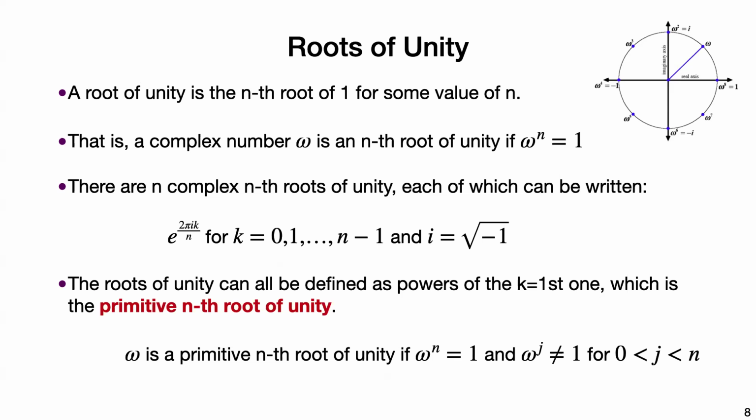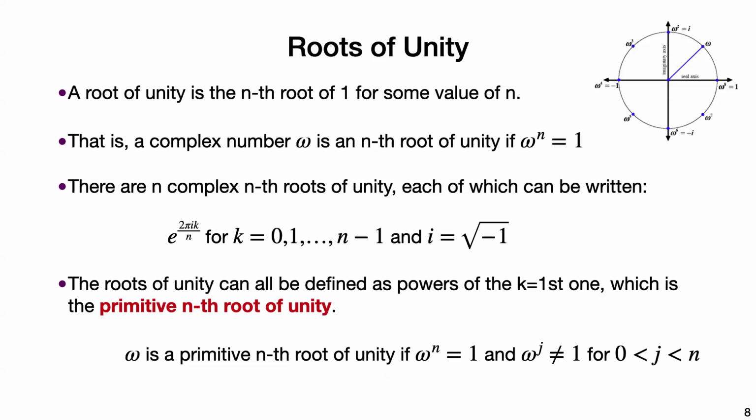The easiest way to visualize it is through the unit circle. For a fixed n, there are n roots of unity along this unit circle, each represented with e to the power 2 pi i k over n, where k ranges from 0 up to n minus 1, and i is the square root of minus 1. So the angle is 2 pi over n, and you're just going around the unit circle, with k changing.